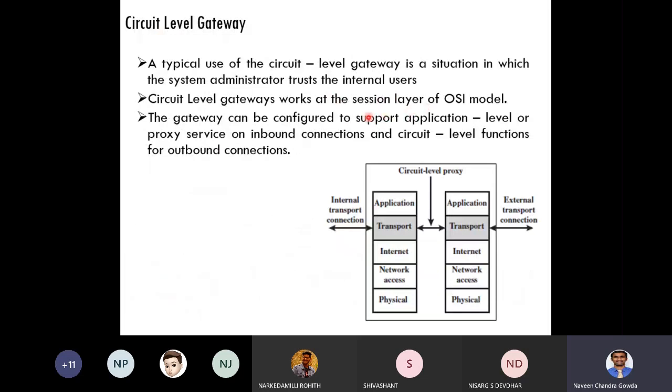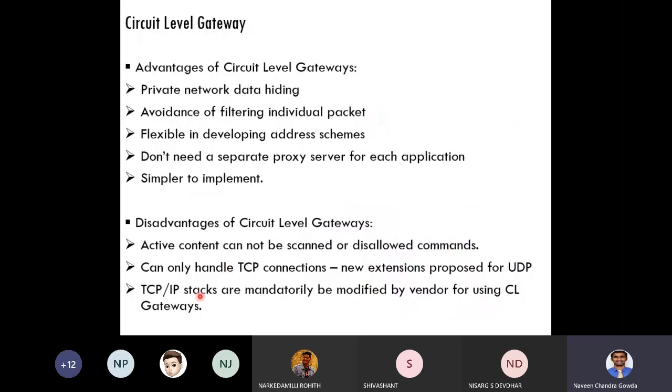So a specific configuration should be made for the session layer. That is required mandatorily whenever you want to apply a circuit level gateway. So that is one more disadvantage.